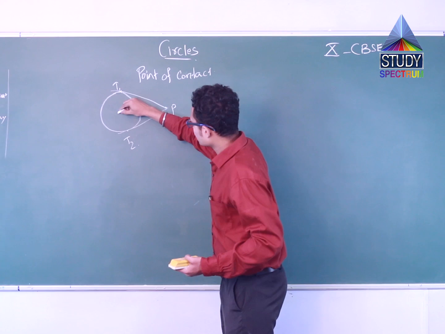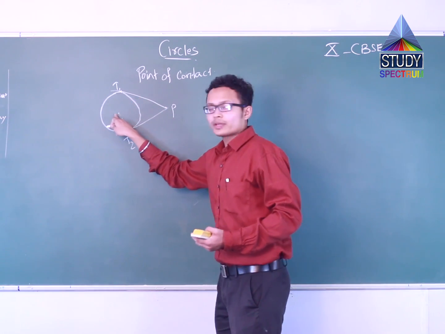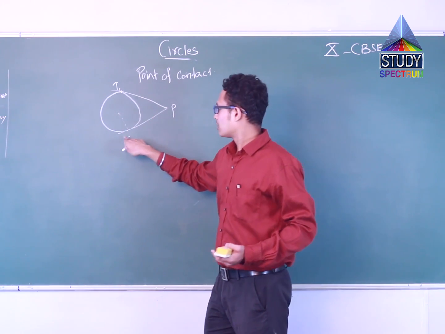Point of contact is the point of intersection of the radius, or the line dropped from the center, onto the tangent.